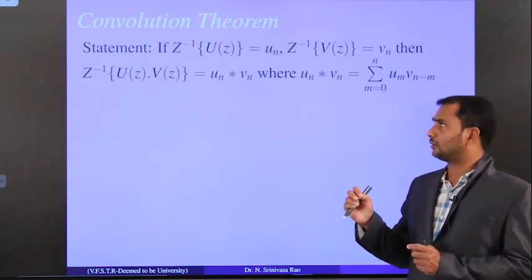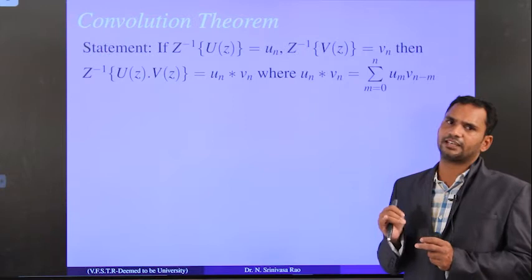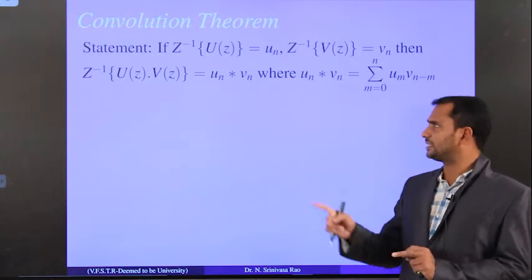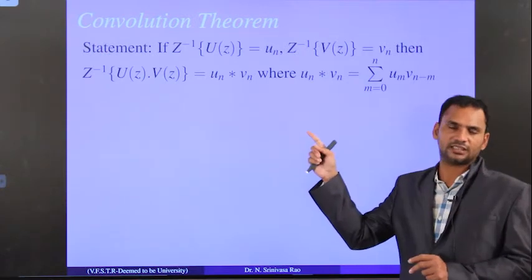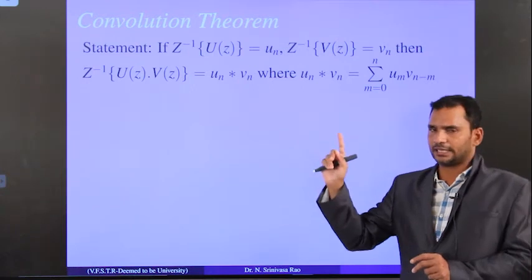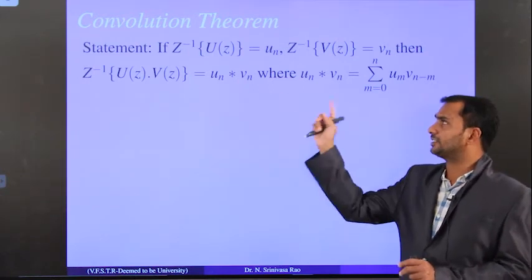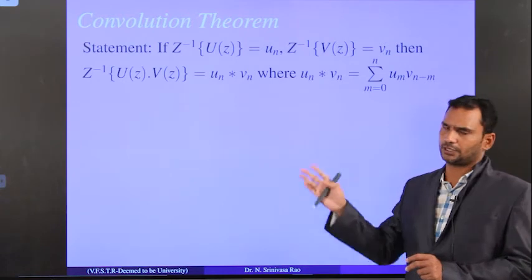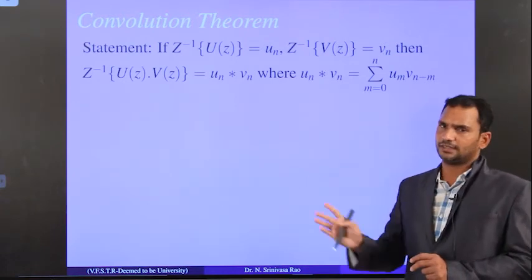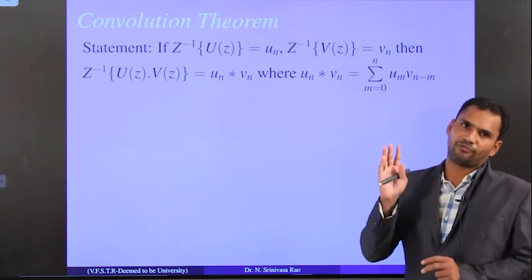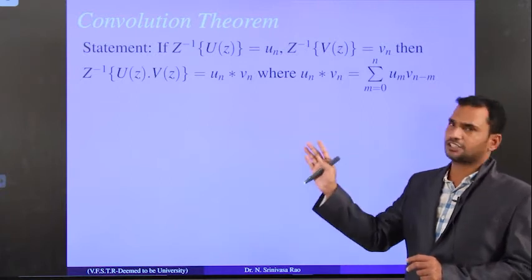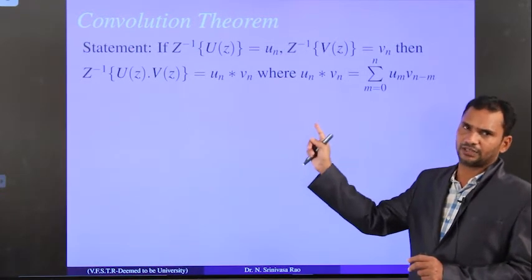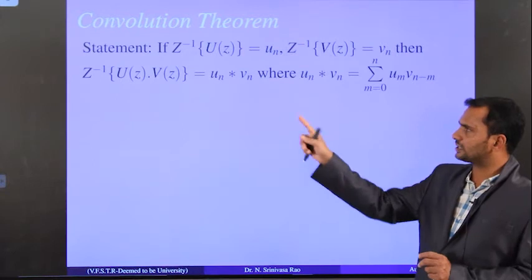But when the question asks to find Z inverse by convolution theorem, you should apply this concept only, there is no other way. If convolution theorem is not mentioned, you can go by partial fractions. If they mention Z inverse by convolution theorem, you should apply this one. So this is the statement.